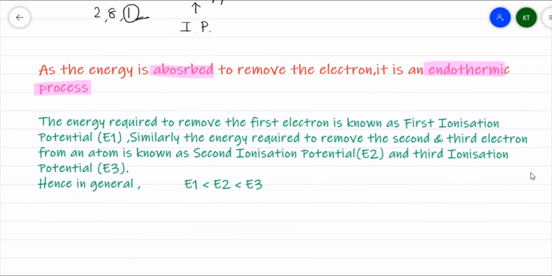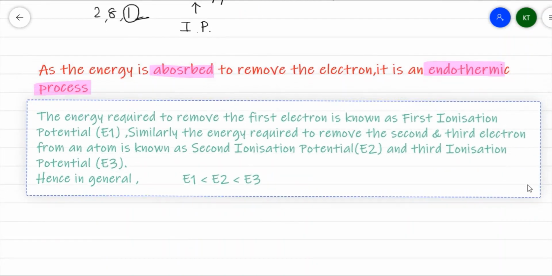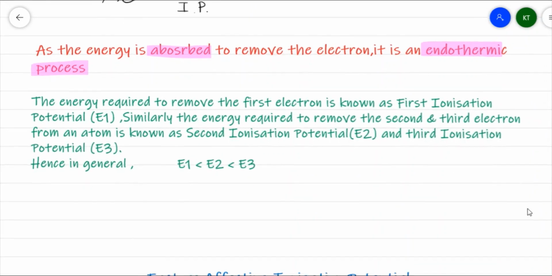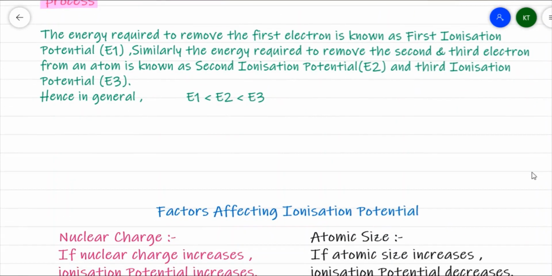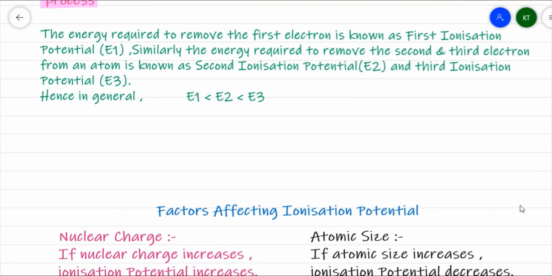Now, as we go on removing electrons, we observe that the energy required will be more. The energy required to remove the first electron is called the first ionization potential, which is denoted by E1.